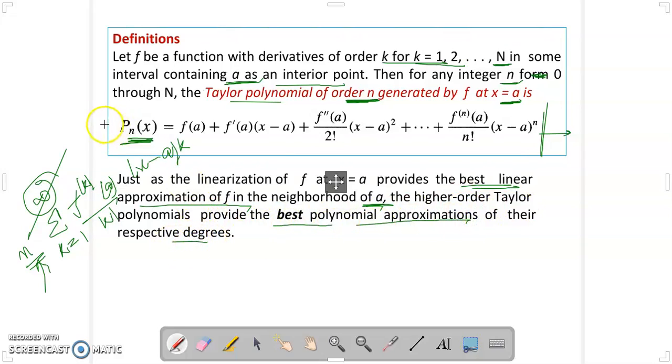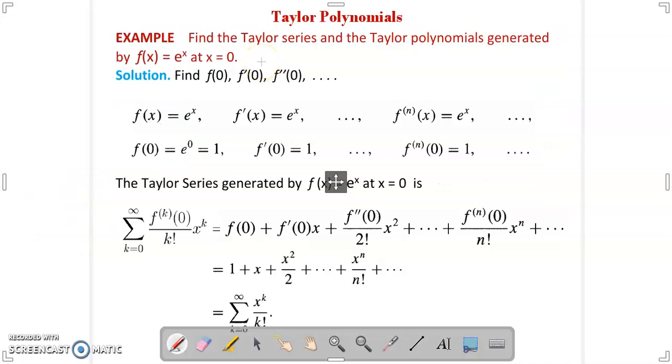So basically this polynomial is going to be approximating this function at point a. This polynomial will be very close to this function in the vicinity of this point, not otherwise. So this polynomial will be hugging this function near this point a. Okay, so let's see an example.